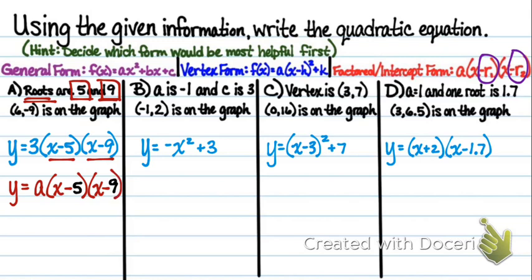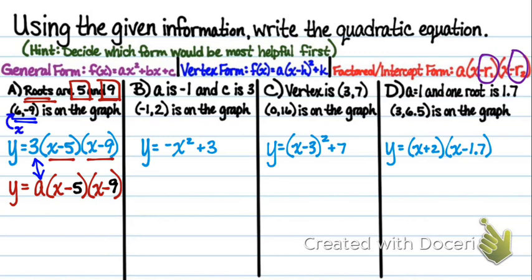So then there's just that matter of how did I get the 3? 3 is in the spot where a goes, right? What other information did they give me other than just the roots? 6 and negative 9. Yeah, coordinates on the graph.